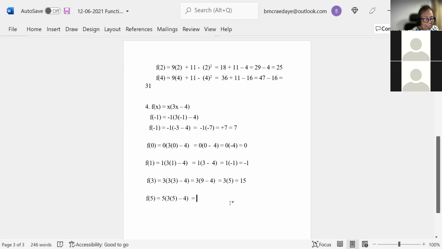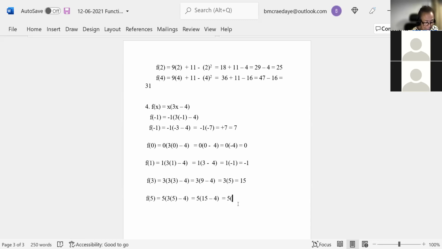Okay, so that would be 3, so I'll put the 15. Yeah, 3 times 5 is 15. That's correct. And that's minus 4, right? Minus 4. So that would be equal to what? 5 times what? What's 15 minus 4?